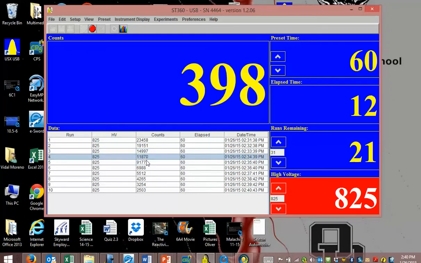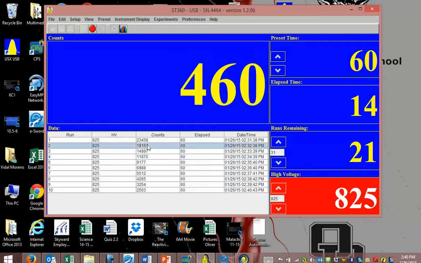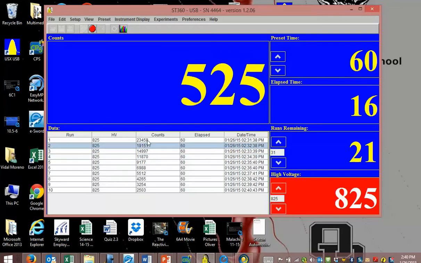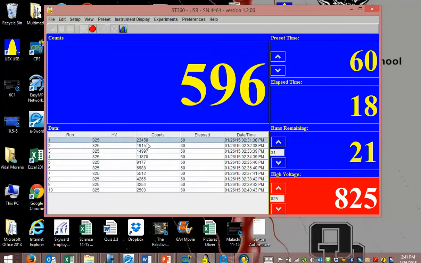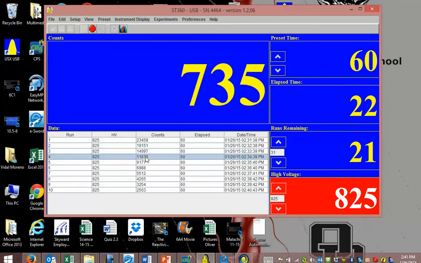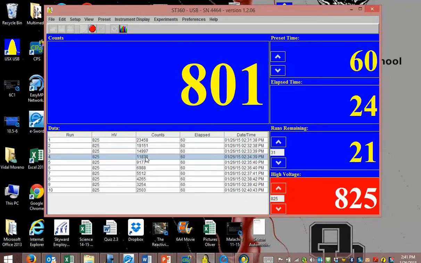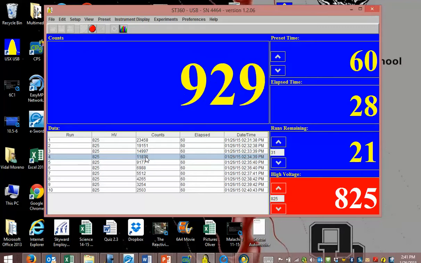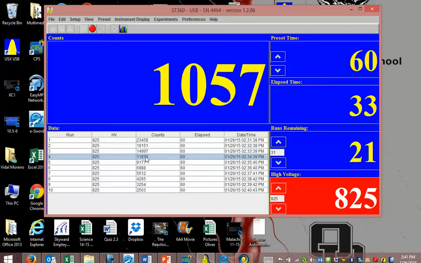So how many minutes pass by? Let's see. 1 minute? No. Be careful because this is our starting point, right? 1 minute? 2 minutes? 3 minutes. The half-life is a little over 3 minutes.